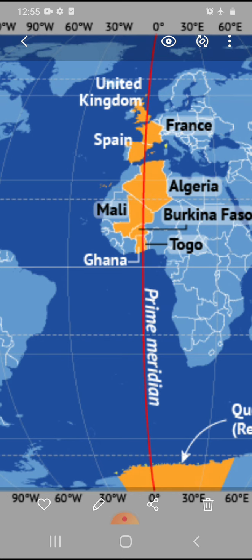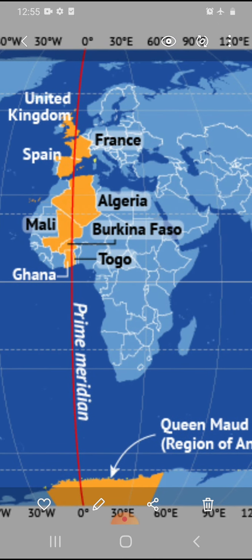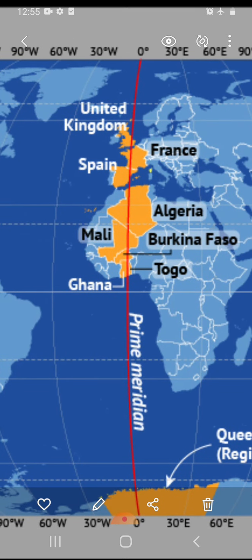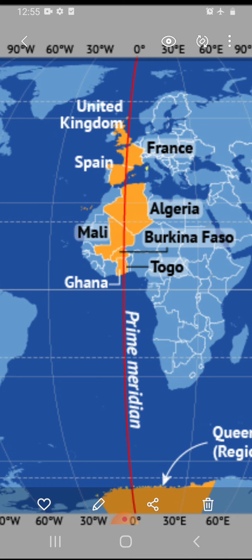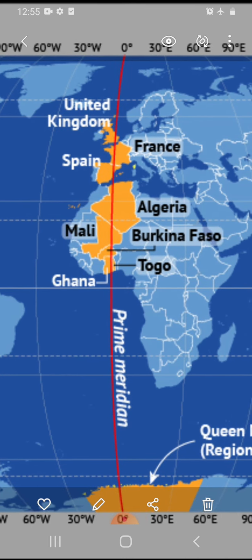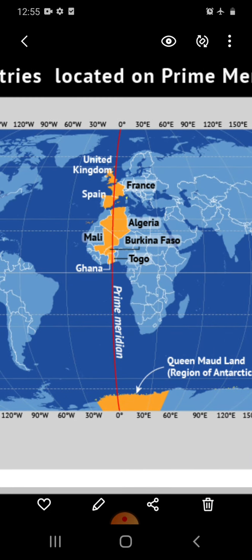Based on the Greenwich Mean Time, or the Greenwich meridian, the world is divided into 24 time zones, each with a time difference of 1 hour.